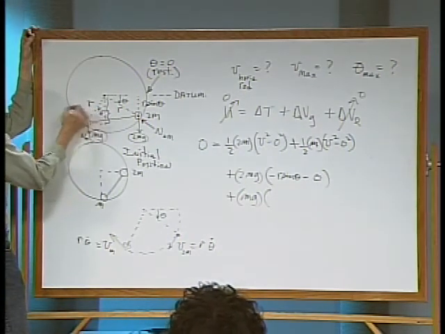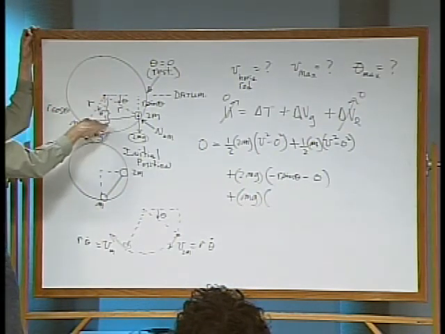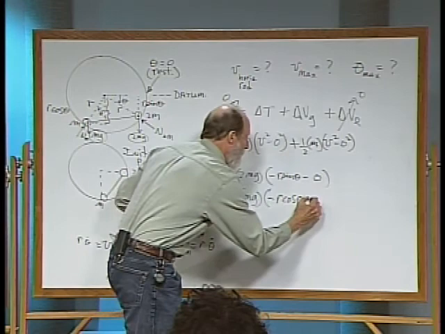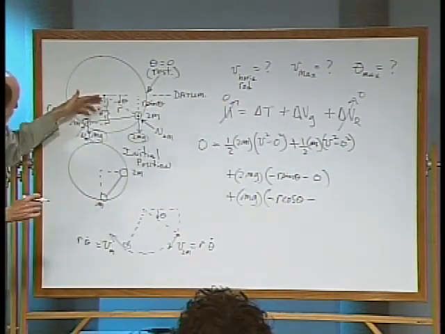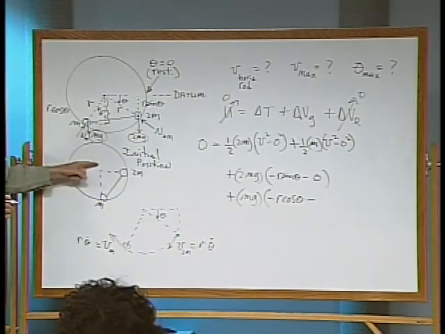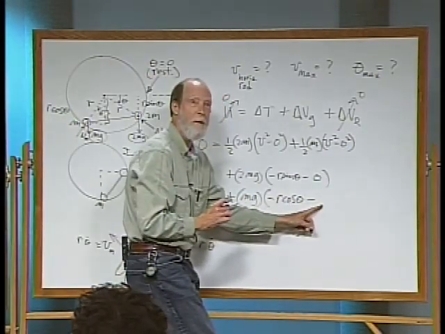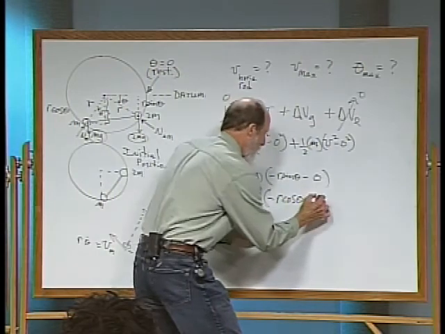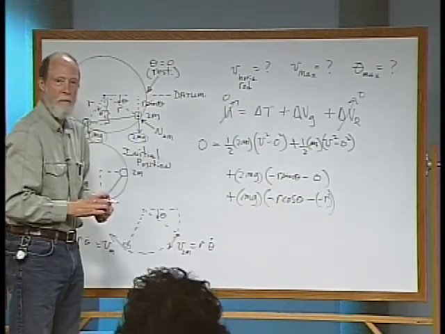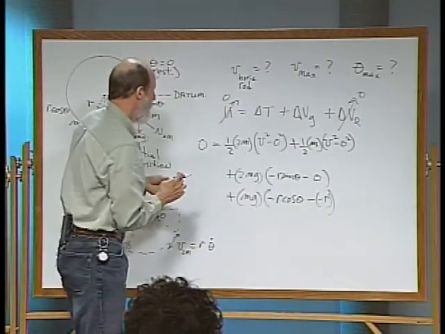That value is r cosine theta, and it's below the datum level, so it's negative. It's going to be minus r cosine theta, and it initially was at negative r. So be careful. What do you do here? Minus negative r. Minus a negative r. Watch out for that. And we have that equal to 0.